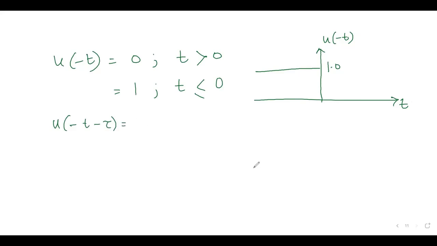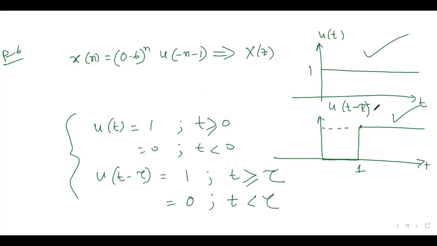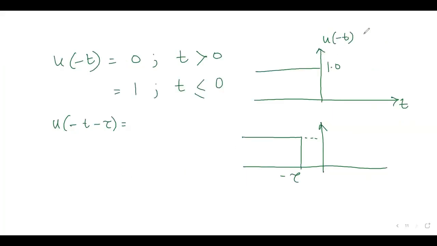Now again it will be shifted same as before, it will be minus tau. বুঝতে পারছো? যেমন করে করেছিলাম ut minus tau. Similarly u of minus t is this, then it will be this, so that means it will be 0 for t greater than tau and 1 for t less than minus tau.